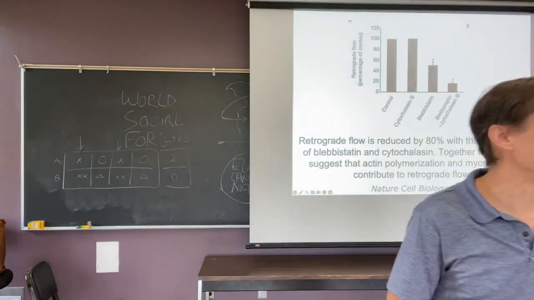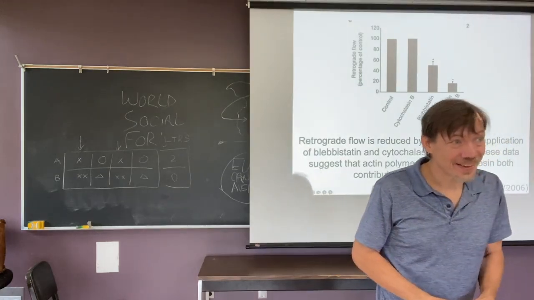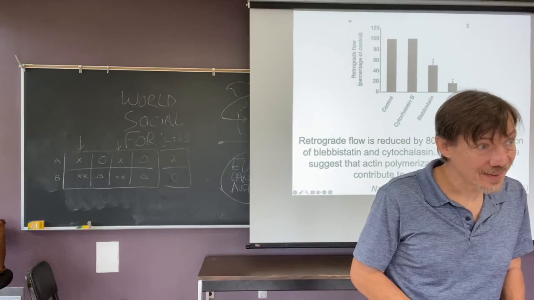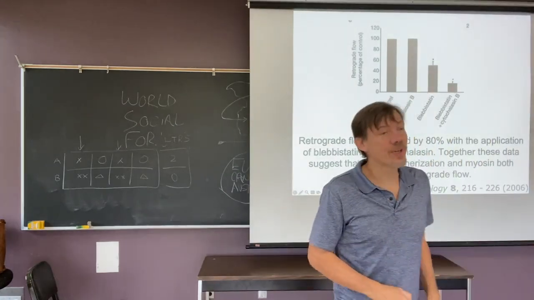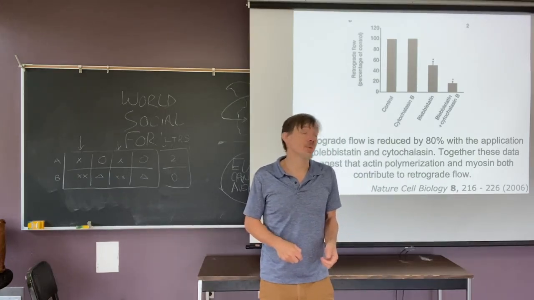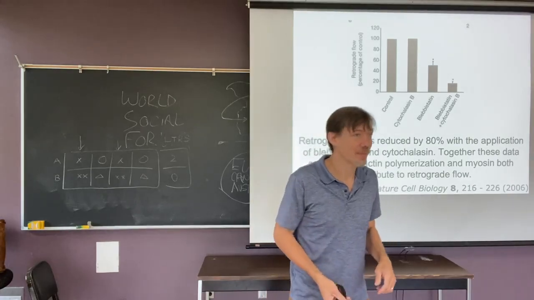I'm not sure if I understood the question. Because you were saying that when myosin is working, sometimes it breaks apart the filaments. Yes. I'm wondering whether actin depolymerization is dependent on myosin's action in some way. Oh, the question is, is actin filament disassembly dependent on myosin 2? And it is very much so. So yes, that is correct.